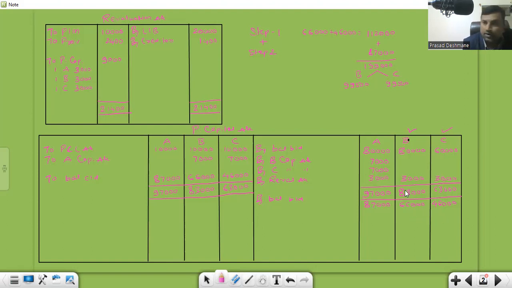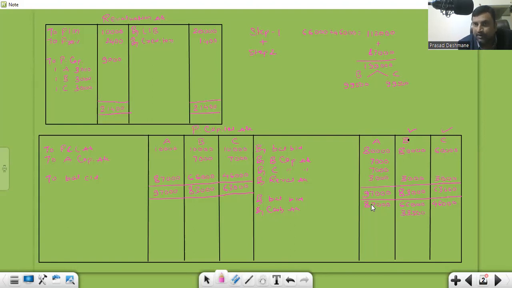How do we calculate the deficit? 99,500 minus 66,000 is 33,500. So when it is a deficit, he brings in cash because it will increase his capital. To make it 99,500, he brings 33,500. That's why it is credited to B by cash.